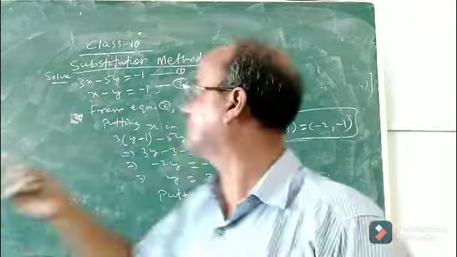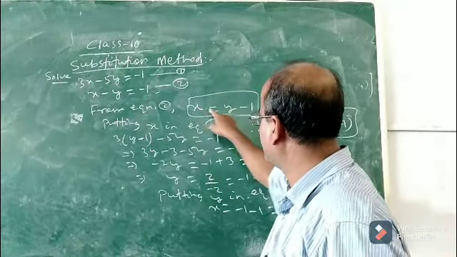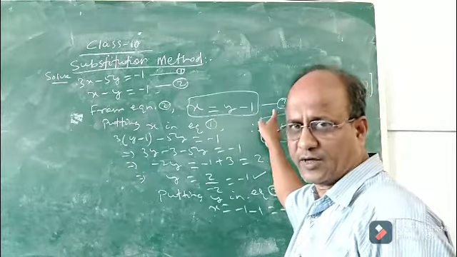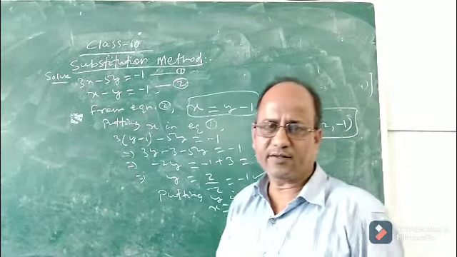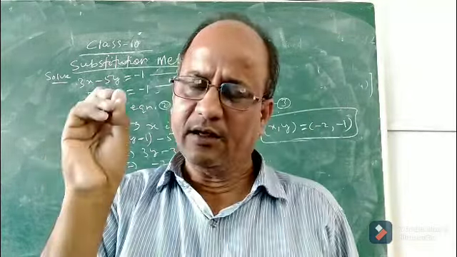You will get another linear equation, and putting this value in equation 1 you will get the value of y. After getting the value of y, put this value of y in equation 3 to get the value of x. Then you check or verify that the unique solution x and y satisfies both the equations. It will certainly satisfy.